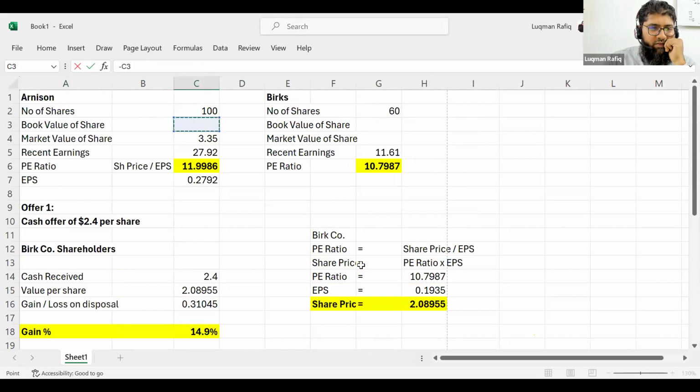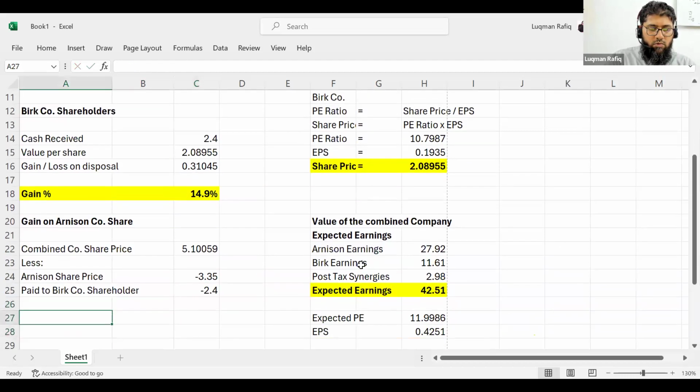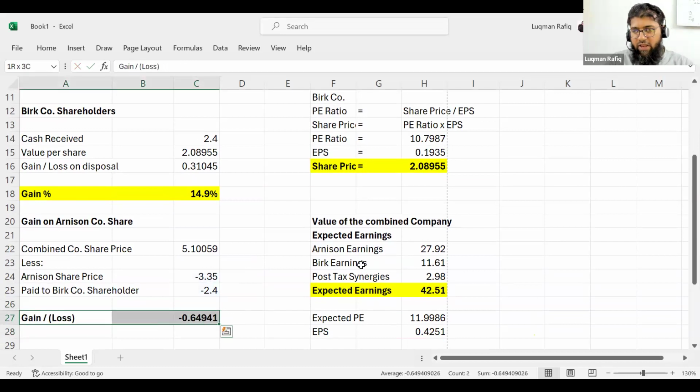Arneson's current share price is this, less paid to Burke company shareholder 2.4. Gain or loss will be this. So there is actually going to be a loss. How much is going to be a loss? There's going to be a loss of 0.64941 per share.